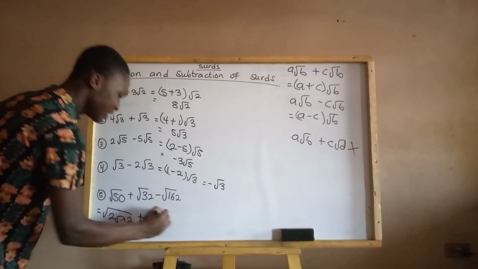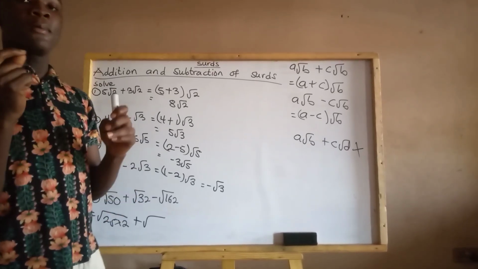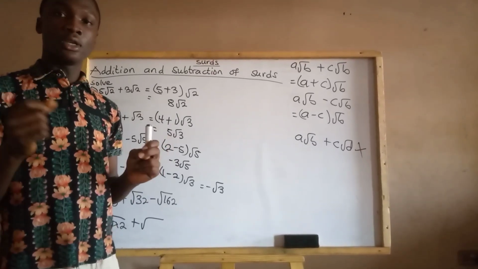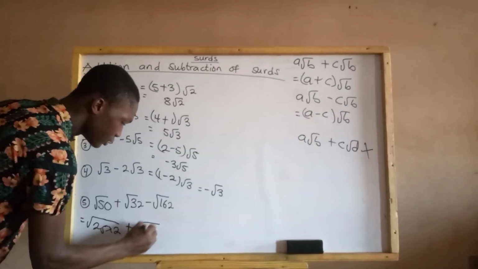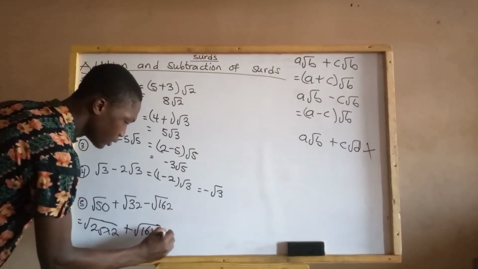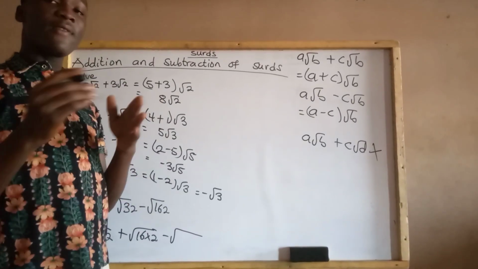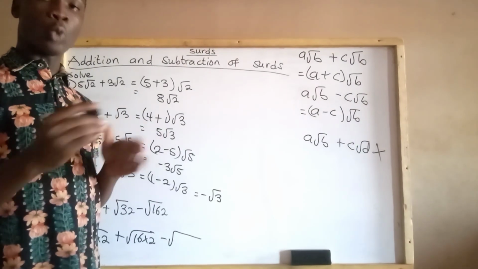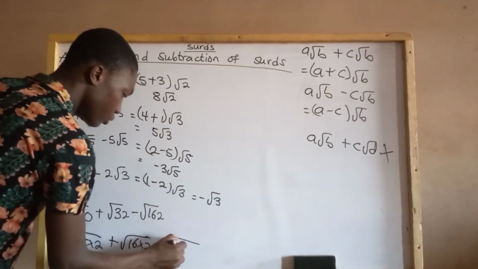By all means, there must be a perfect square in your simplification. Plus, simplifying root of 32, the perfect square that you need is 16. So 16 times 2 gives 32. Minus root of 162. This one too, the perfect square that we need is 81. So 81 times 2 gives 162.